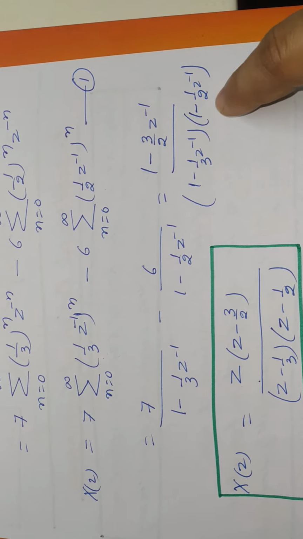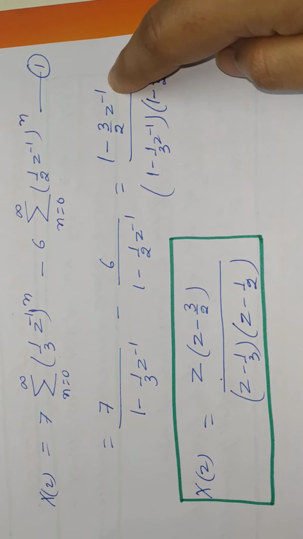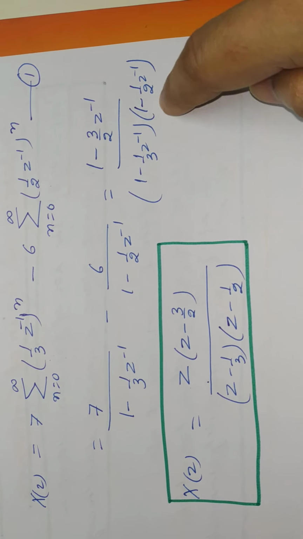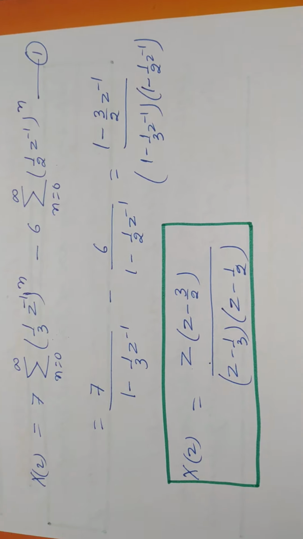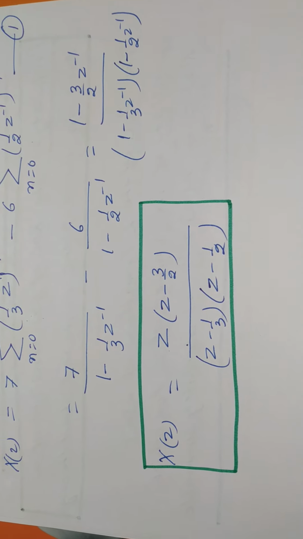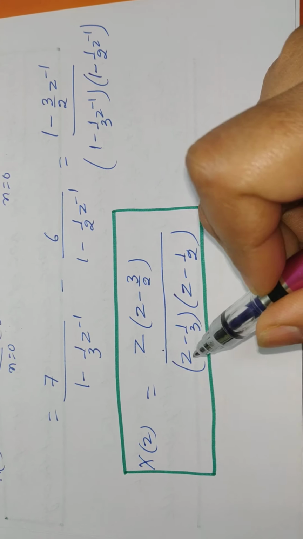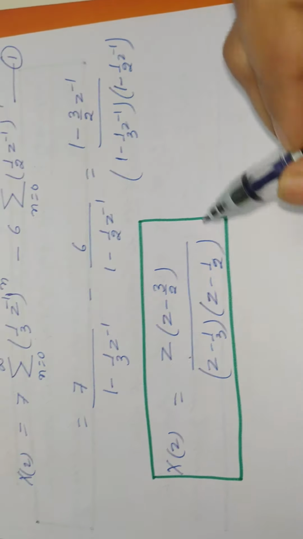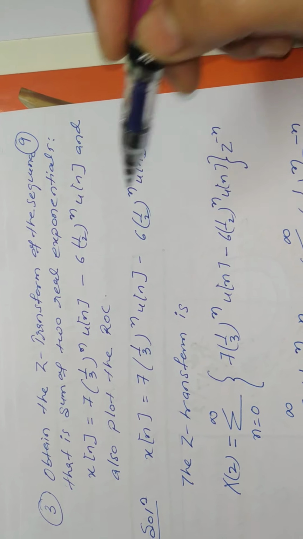Now solving this, I get the expression 1 minus 3 by 2 z to the power minus 1 by 1 minus 1 by 3 z to the power minus 1 into 1 minus 1 by 2 z to the power minus 1. This is the entire x of z that we are getting, that is z into z minus 3 by 2 by z minus 1 by 3 into z minus 1 by 2. This is the z transform of the entire sequence.